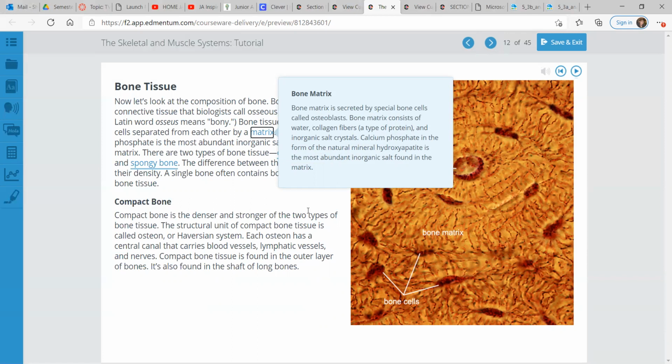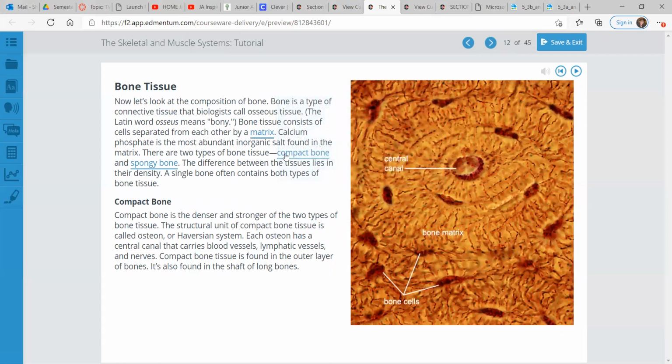Bone matrix consists of water, collagen fibers, which is a type of protein, and inorganic salt crystals. Calcium phosphate in the form of the natural mineral hydroxyapatite is the most abundant inorganic salt found in the matrix.